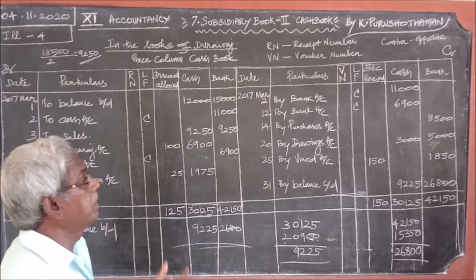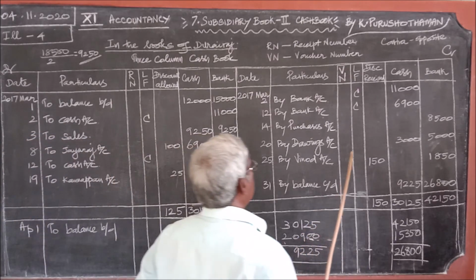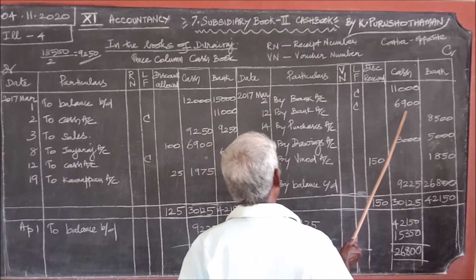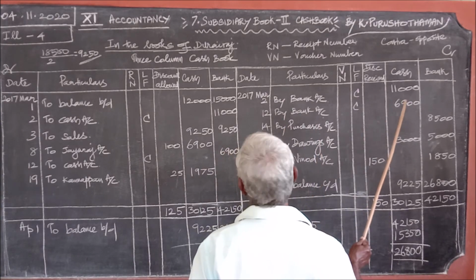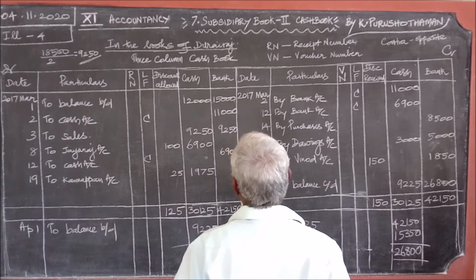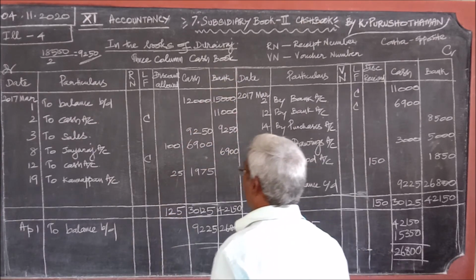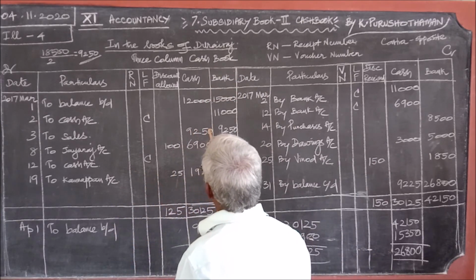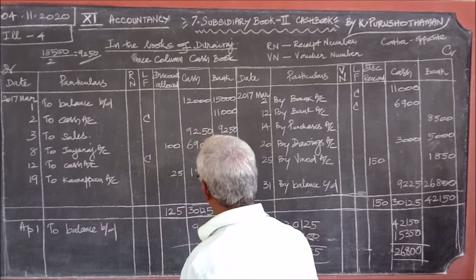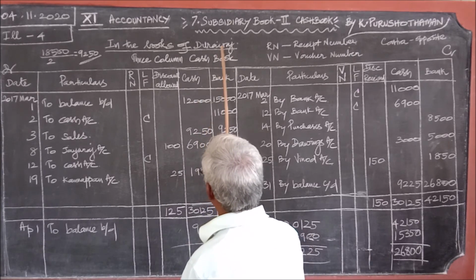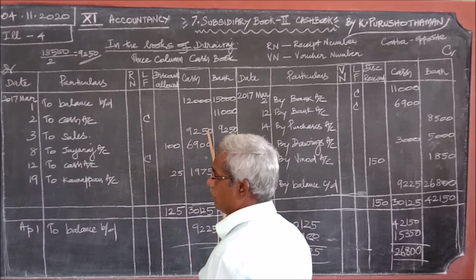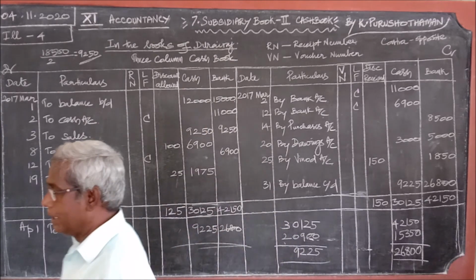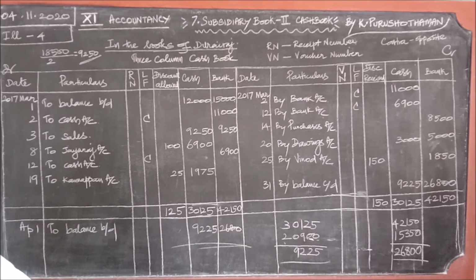In single column and double column, when an amount is deposited into the bank, what will you write? We will write here by bank account, and write the amount here in the cash column. When an amount is withdrawn from the bank for office use, we will write the cash here in the cash column because cash comes in, and we will write this side to bank account. This is what we have done in single column and double column.